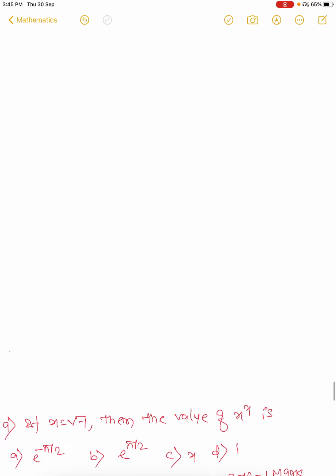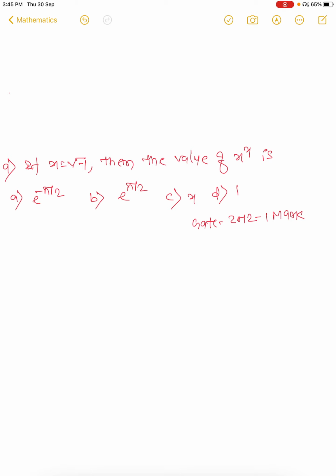Now comes the next question. If x is equal to √(-1), then the value of x to the power x is asked.